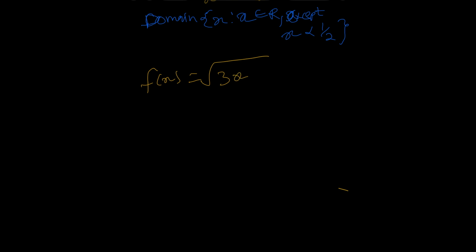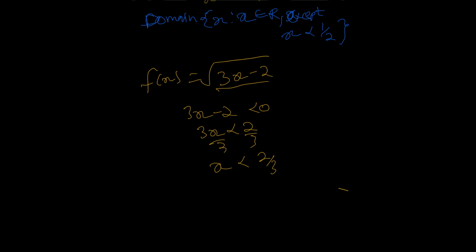So for the next example, we have f of x equals square root of 3x minus 2. Again, we look at the function and we see for which values the expression inside the radical sign will be less than 0. So 3x minus 2 less than 0. Realize that 3x is less than 2. Divide both sides by 3. We get x less than 2 over 3.